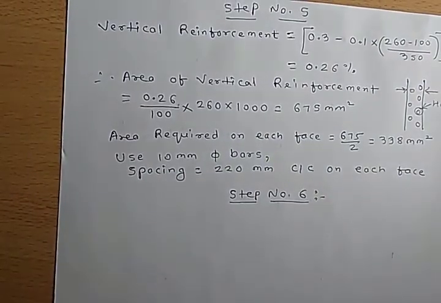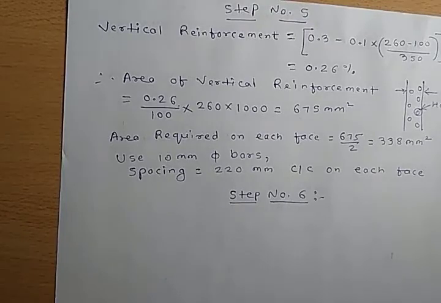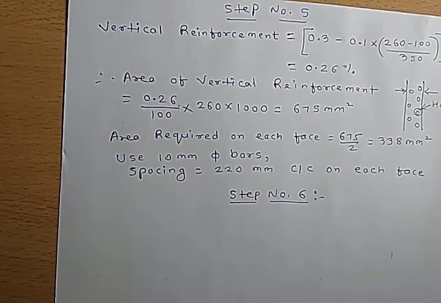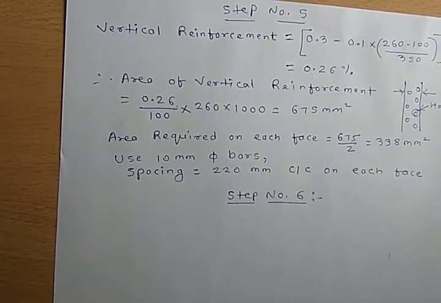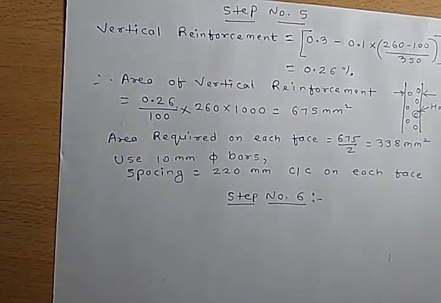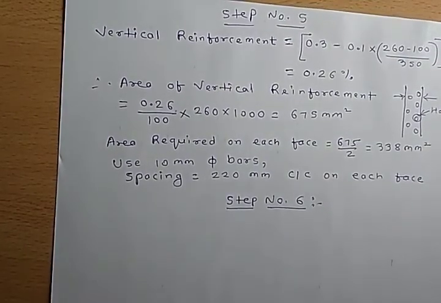And now next was step number 5, where we have provided vertical reinforcement. How to get the vertical reinforcement? We have considered that it will vary from 0.1% to 0.3% for the thickness of 100 mm to 350 mm. So this is what we got, 0.26%.